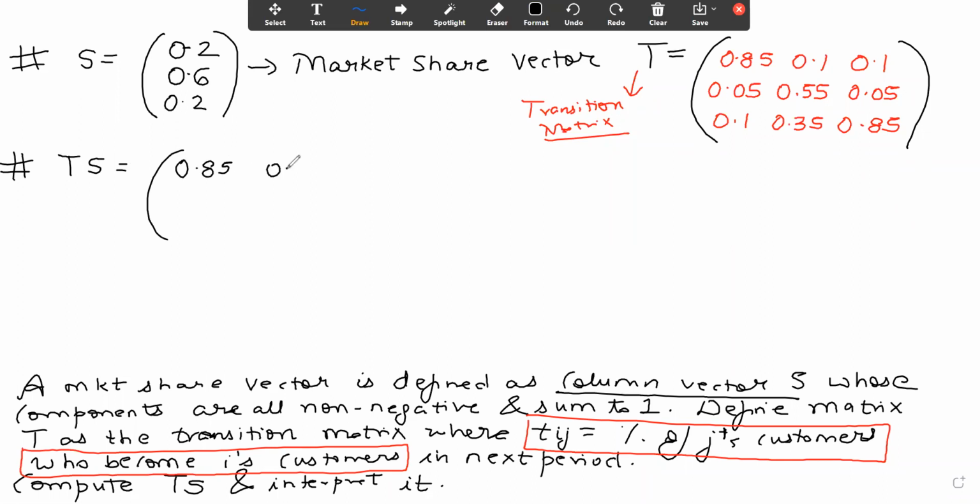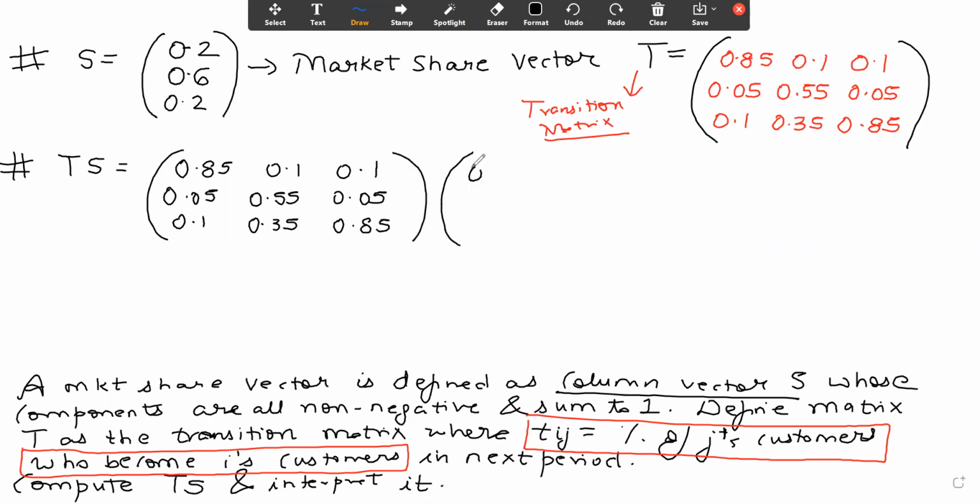0.85, 0.1, 0.1. And similarly, I can write the whole matrix T. And this matrix is getting multiplied by the matrix S, which is as follows.